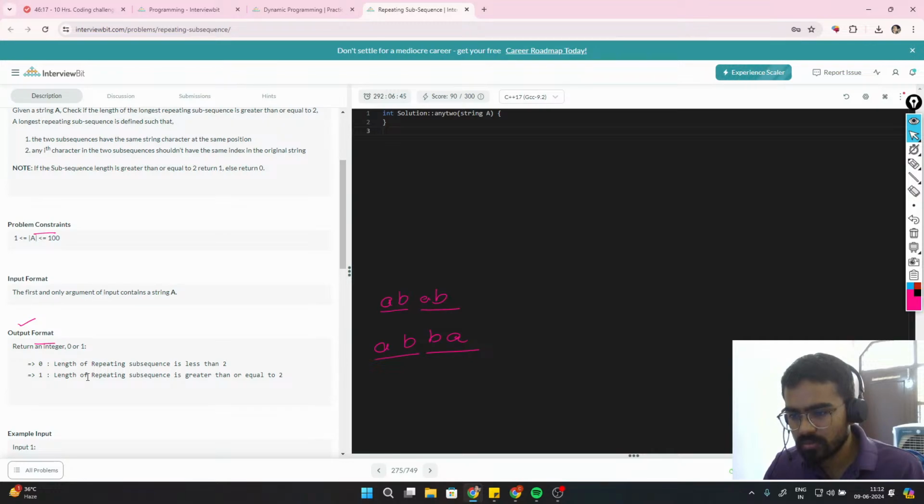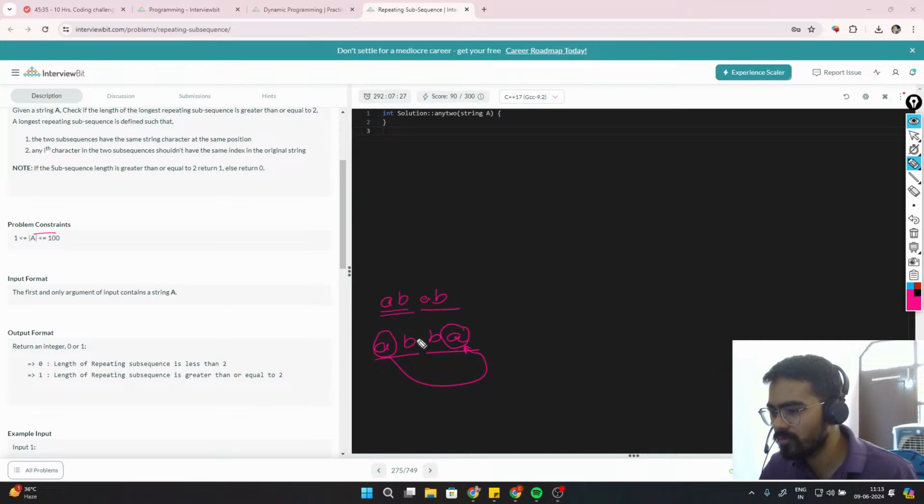Okay, I have to return 0 or 1. 0 means the length of the repeating subsequence is less than 2, and 1 means the length of the repeating subsequence is greater than or equal to 2. That means, if we have ABBA, there is one subsequence that is repeated.